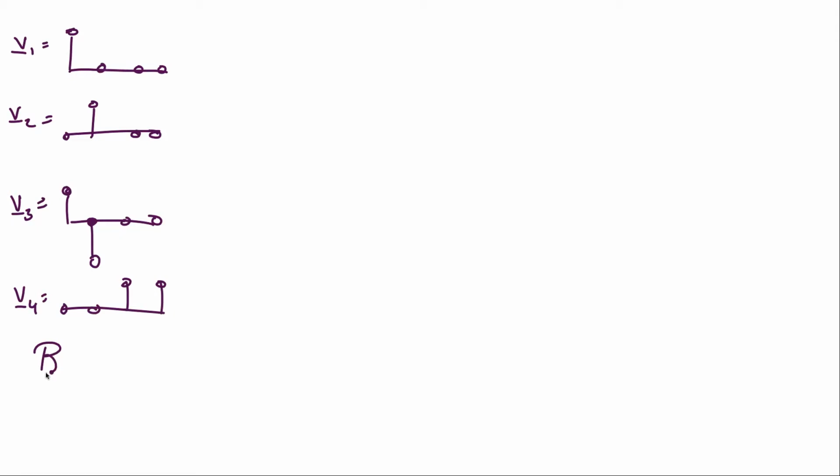And the first question we want to ask is, are these vectors a basis in our 4-dimensional space, 1, 2, 3, 4? In order for these vectors to be a basis, they need to be linearly independent. Now, what does it mean to be linearly independent?